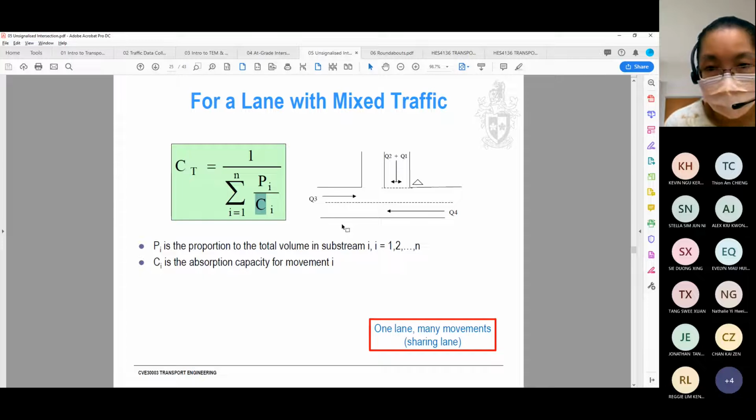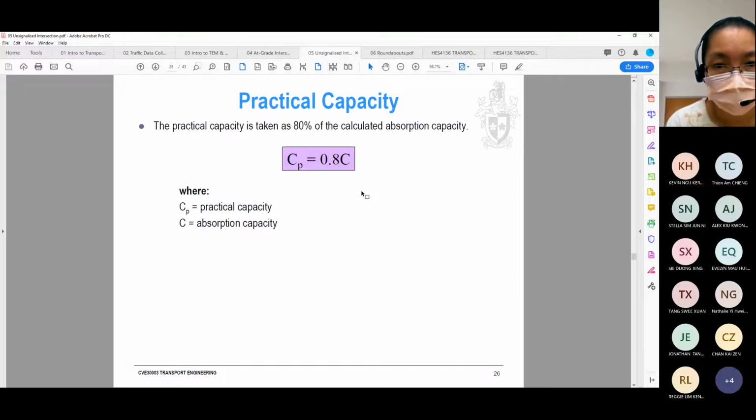Then you have the absorption capacity, and then the practical capacity, because we know that not everyone gives signal.